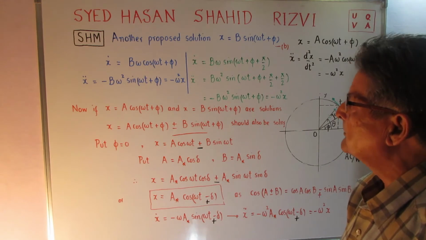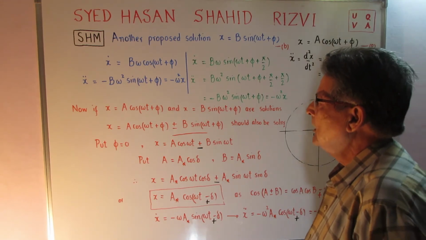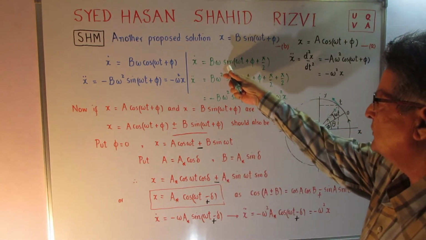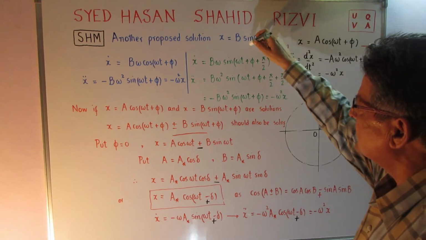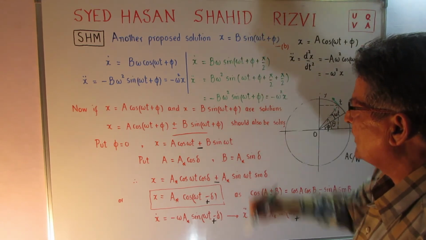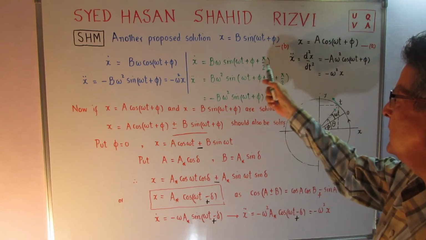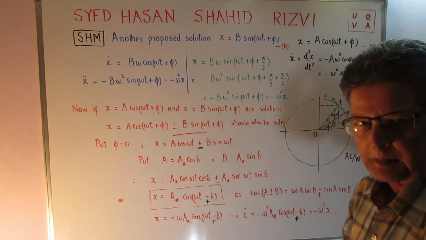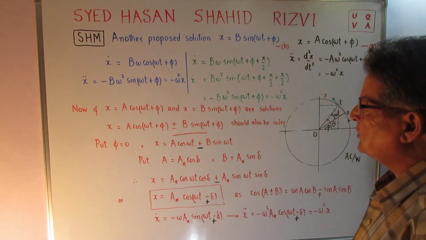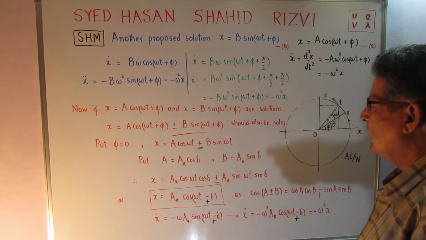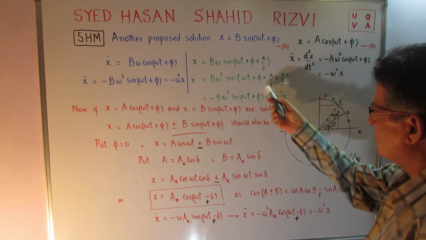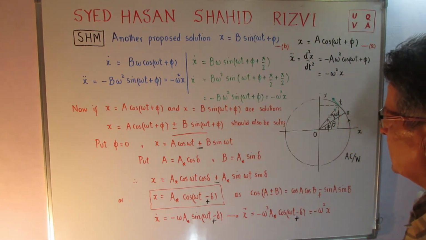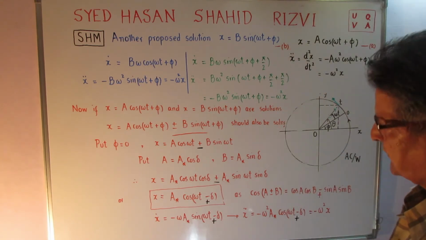So this is the solution. By my method, which I proposed to you and told you in the last one, in differentiation the function is taken as such. The only change is in the argument or the phase, which is enhanced by pi over 2 radians. In the double dot situation, there is another pi by 2 added, so the total is pi, and for pi we write minus b omega square sine of omega t plus phi, which is again equal to minus omega square x.